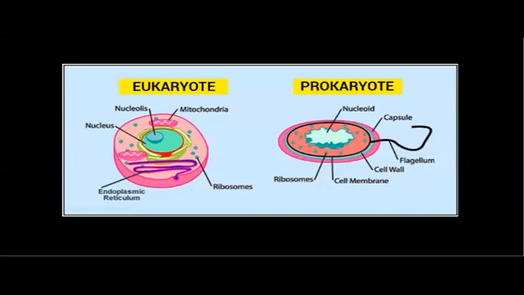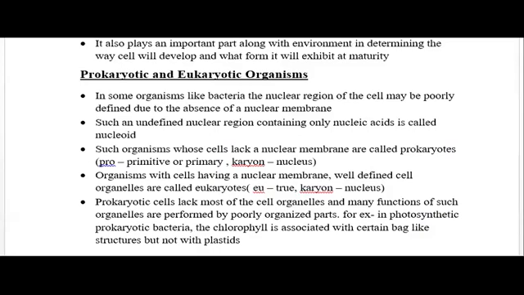It does not have a nuclear membrane. Instead, it has some nucleic acids inside. That is why it is called a nucleoid. It has a cell wall, but it does not have any other cell organelles. Let us go back to the contents part. So as I told you, prokaryotic and eukaryotic organisms are very important, and the distinguishing features of prokaryotic and eukaryotic cells are also very important.